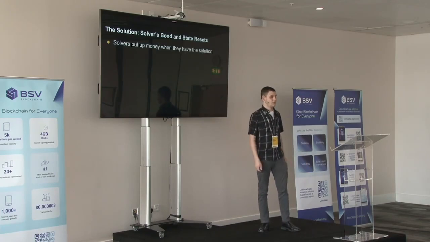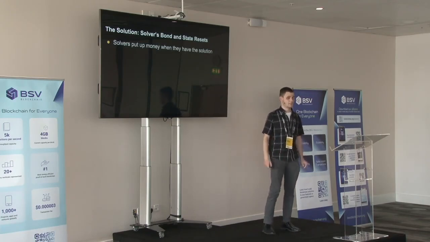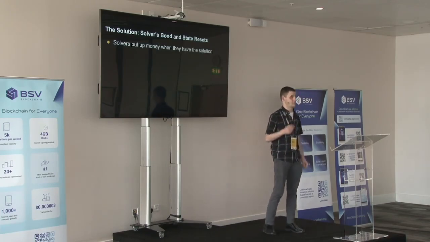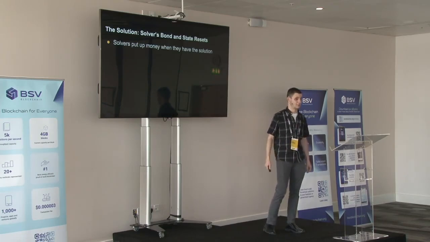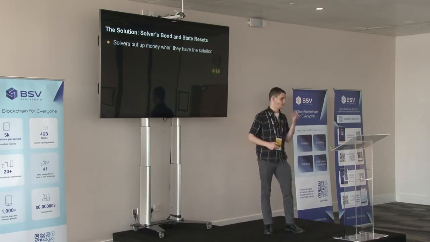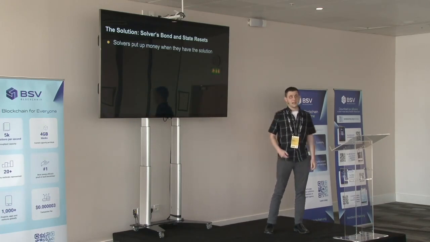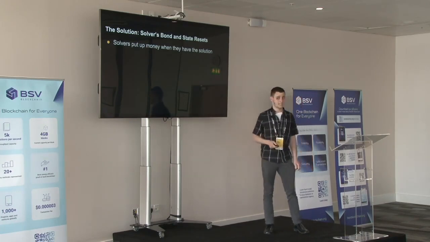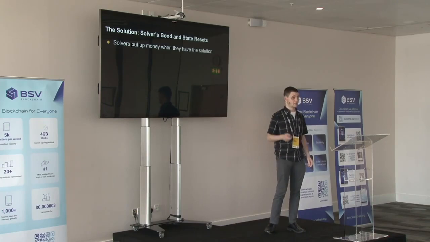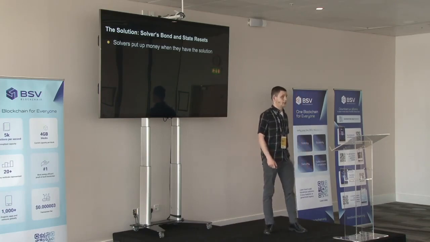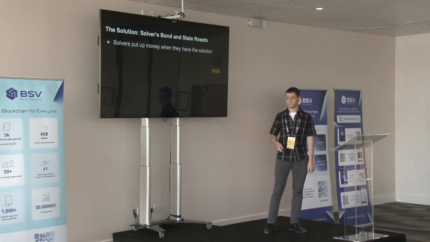So, when Bob goes to solve Alice's contract, Bob is actually going to put in a little bit of his own money and put up a bond. So he's kind of collateralized into the system. That's the first step. Then a timer starts. So he has a certain amount of time to actually arrive at his solution.